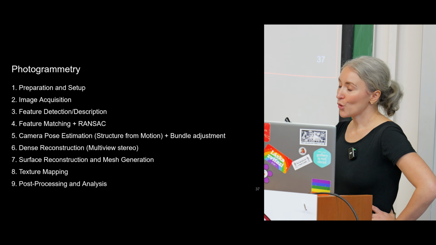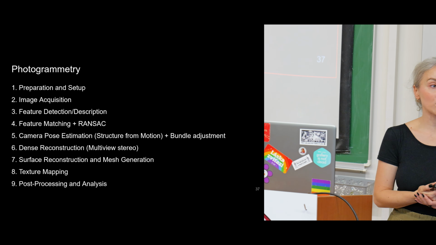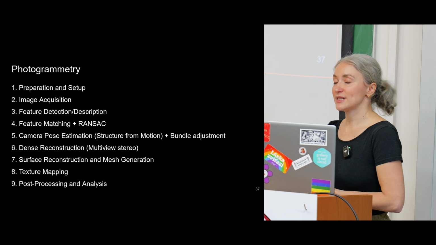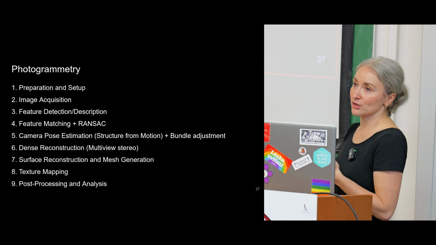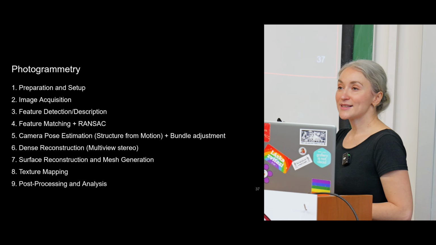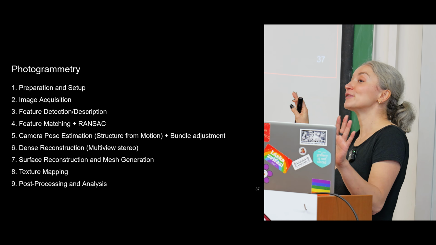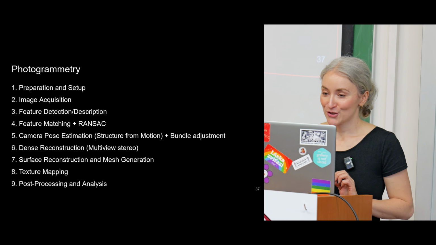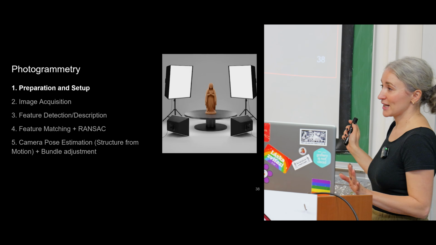But most common these days is to use photogrammetry for 3D reconstruction of objects, and it is considered a golden standard for digitization of cultural heritage in most national galleries and museums all over the world. So this is the pipeline. We are going to go through it very briefly. Don't be scared. So first, we need to do some preparation and setup.